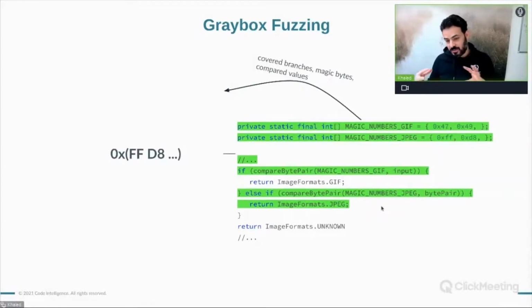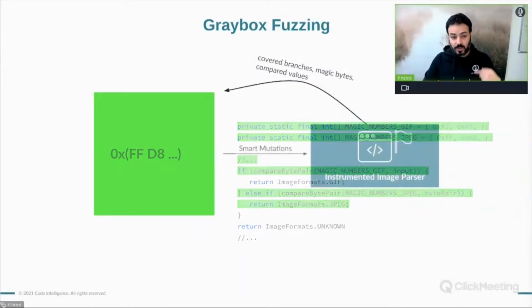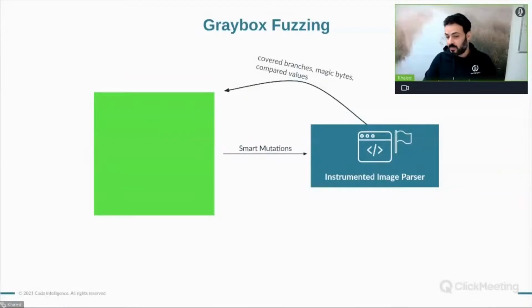At this stage, the fuzzer has sort of convinced the application to treat the input as a JPEG image. With this loop, the fuzzer can at some point generate a valid image, and it uses all this feedback to explore the state of the program and to increase code coverage.